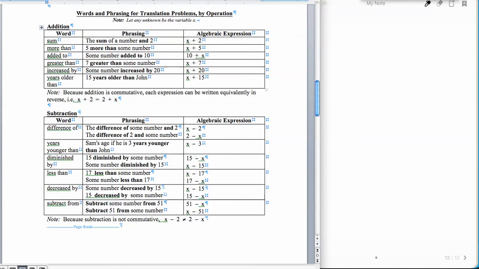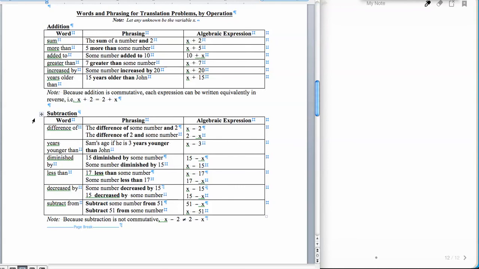Added to is another word. Greater than, increased by, years older. The more than, greater than, and years older than, they all contain that preposition than. So when you see the translations over here, you're seeing the reversal of the order.